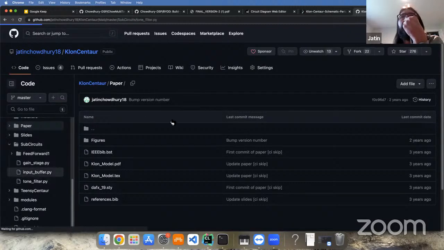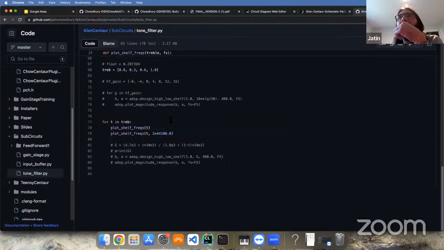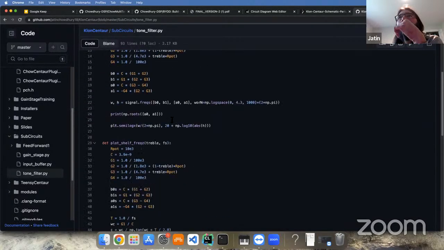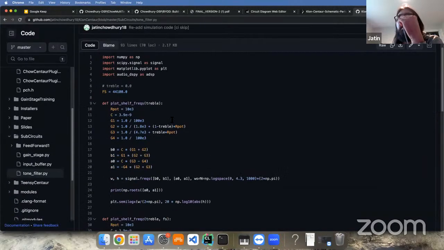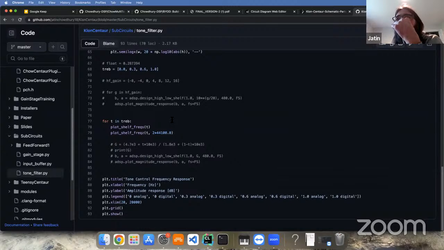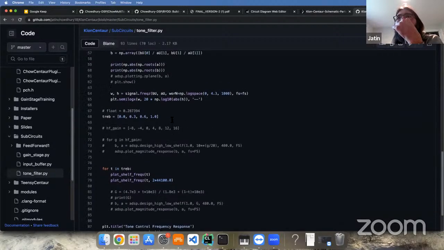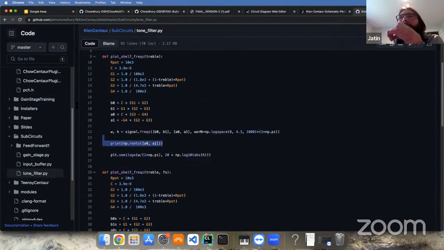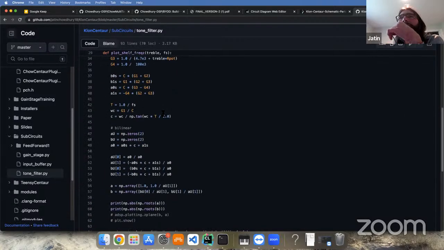Subcircuits. Here we go. I have pole zero plots. Okay, I didn't have the plots that I should have had. But basically you can see here, this is why I print the roots. So you can see when the roots are in an unstable region.